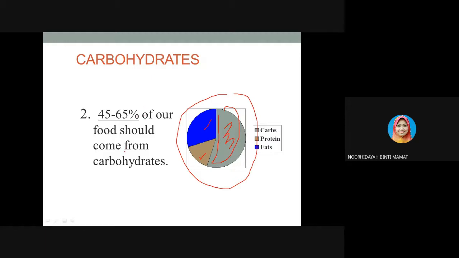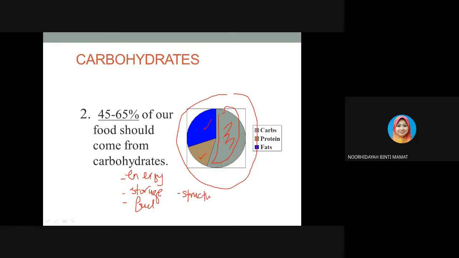All right. Just now we were talking about the functions of the carbohydrates, which is they give the body energy. They can act as energy storage, and also they can act as the best source of fuel to our body, and also they can act as structure.